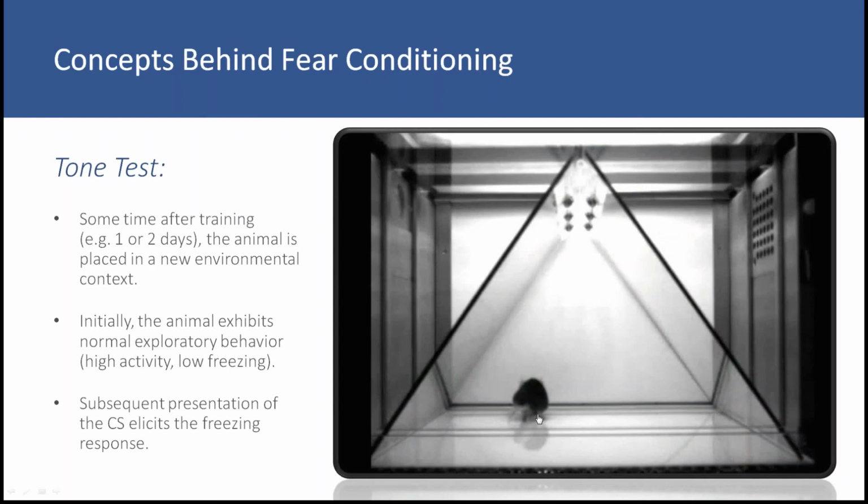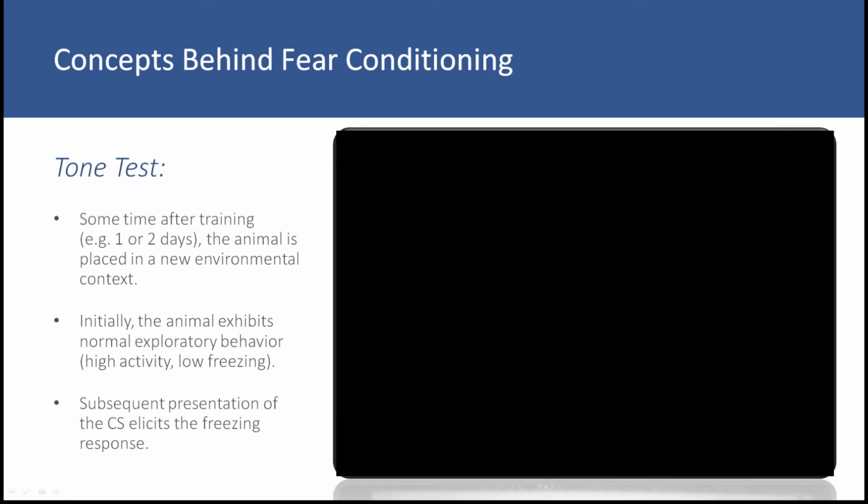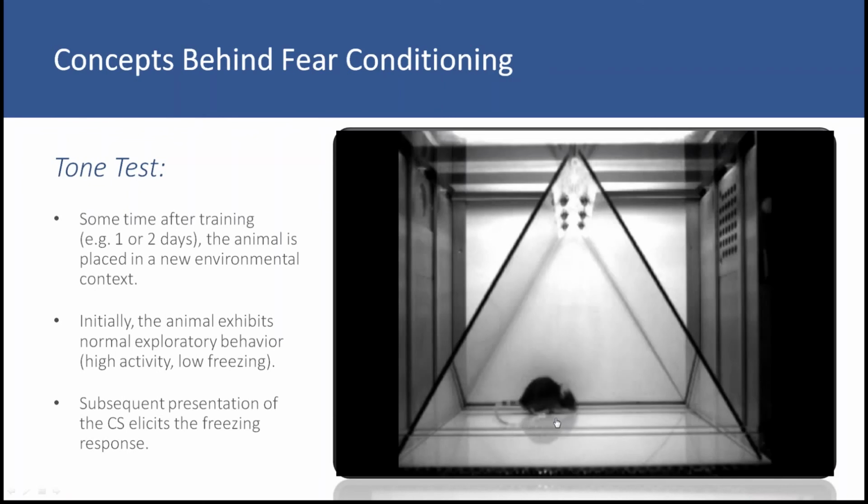Again, this is the same mouse that we've been following, placed into a novel context, the tone test context, and we have the A-frame and the smooth floor over the grid rods. And I'll play this video for you, and you see that the animal's moving, exploring the environment, sniffing, getting to know the surroundings.